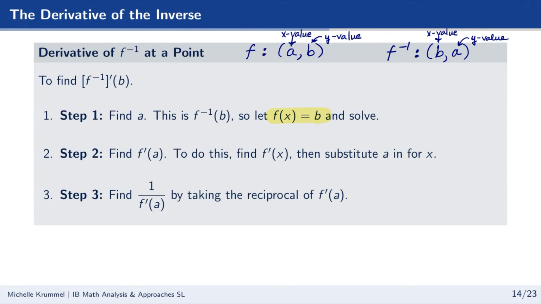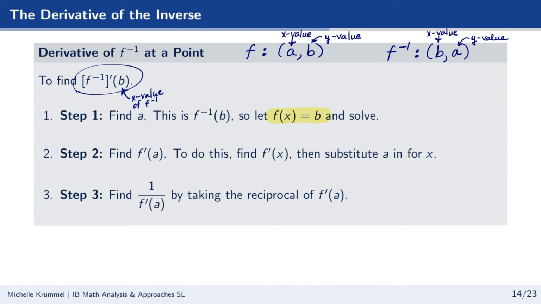Okay, so right here, when you see that you're looking for f inverse prime of b, this means that b is the input. That's what you're substituting into f inverse, or, well, its derivative. So this is the input value, so it's the x value of f inverse.